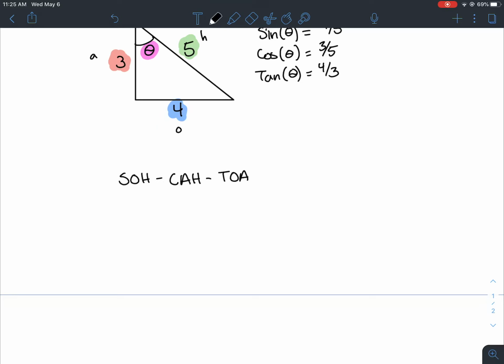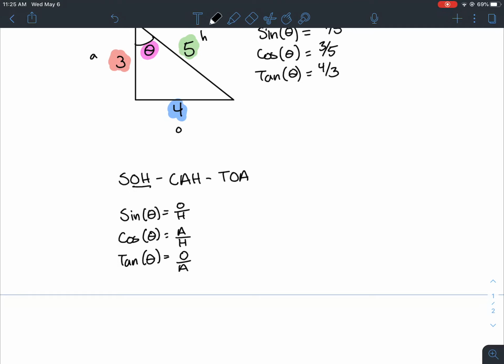And where that comes from is that sine is opposite over hypotenuse. Cosine is your adjacent over hypotenuse. And your tangent is the opposite over adjacent.